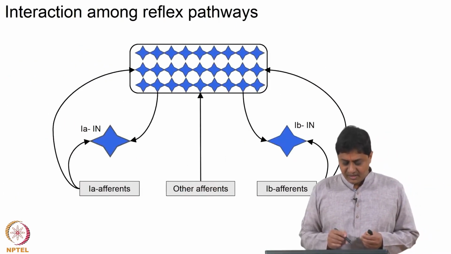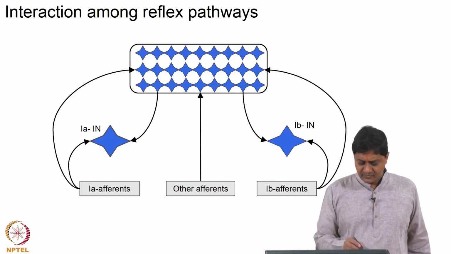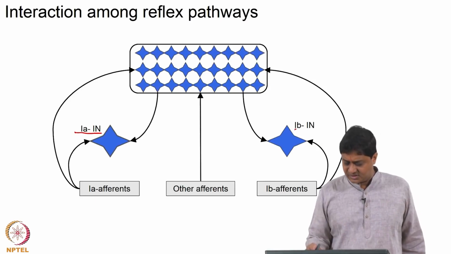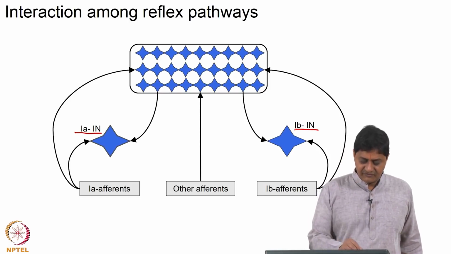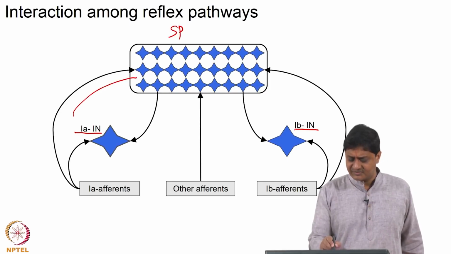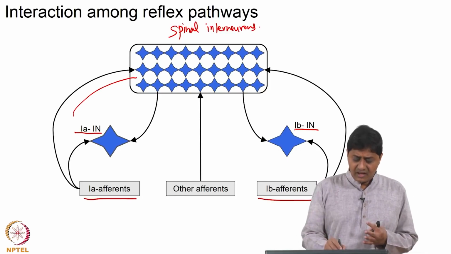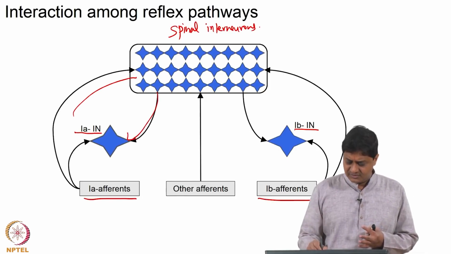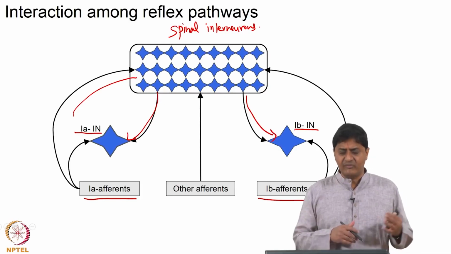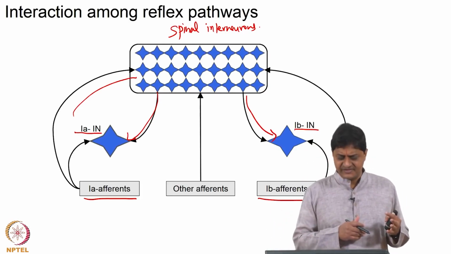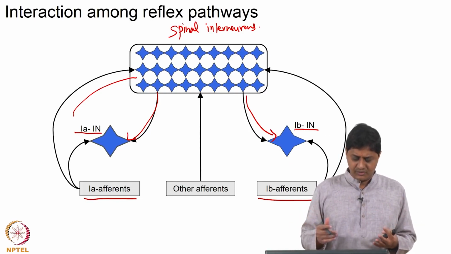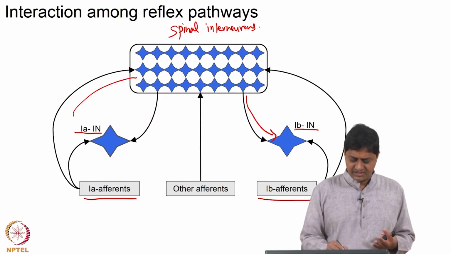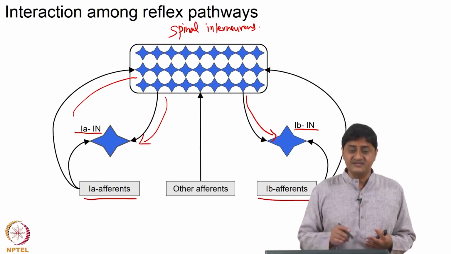Then I discussed earlier that inputs from 1A and 1B interneurons are received, and they basically send information to multiple interneurons. These are spinal interneurons, this can be any number. All this information converges onto these interneurons or onto alpha motor neurons. As I said earlier in the previous class, examination of the spinal cord gives you the impression that it is a complete mess, the connections are all completely messy and you cannot make sense out of this.